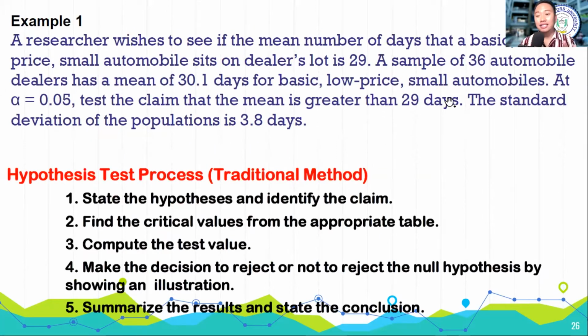So for this example, let's pre-qualify it. First, do we have a standard deviation? The answer is yes. Is the standard deviation coming from the population? The answer is yes. As you can see on the last statement, the standard deviation of the population is 3.8 days. In other words, that's coming from the population.